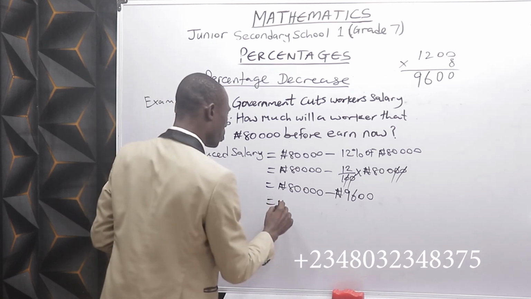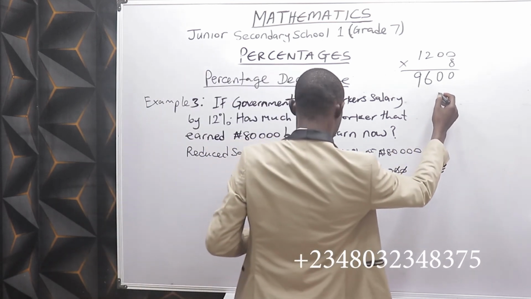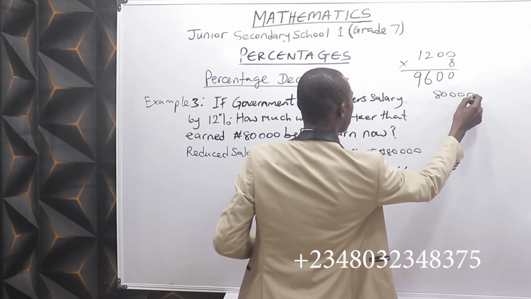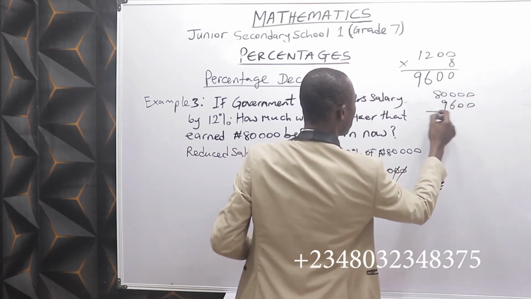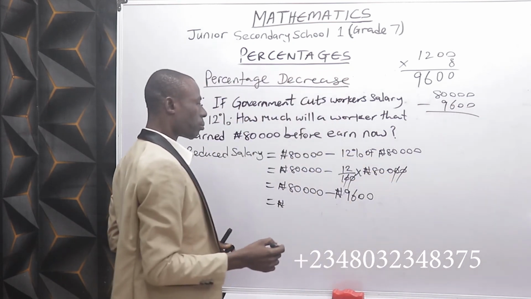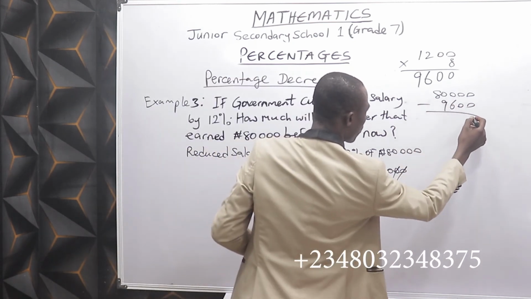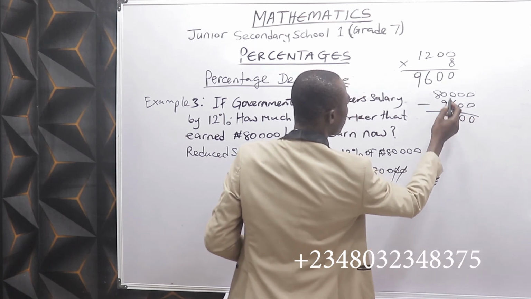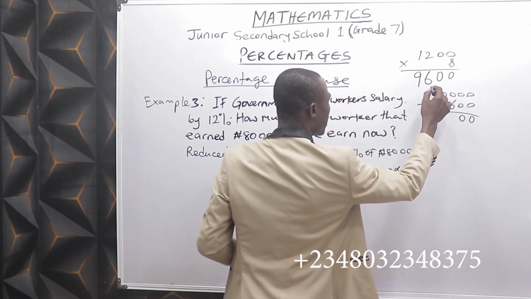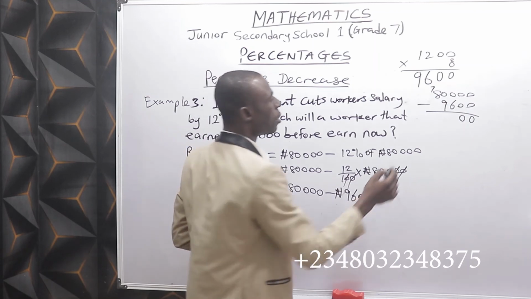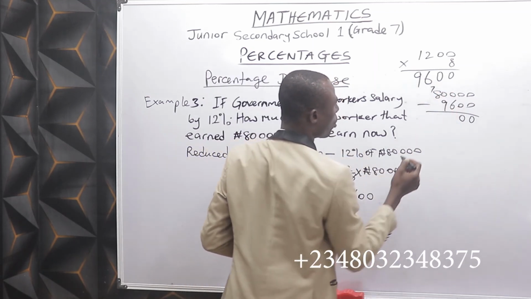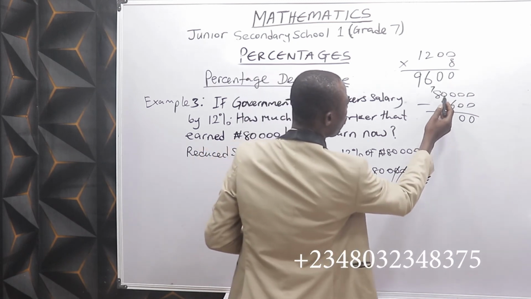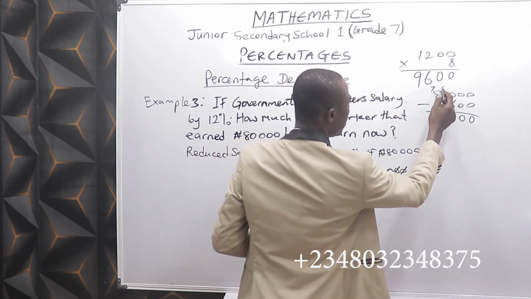So it will be, look at it here, 9,600. Subtraction. Subtract 0 from 0, that's 0, 0. You borrow 1 from this 8, it remains 7. So the 1 comes to this 0 to become 10. We borrow 1 from the 10, it remains 9.